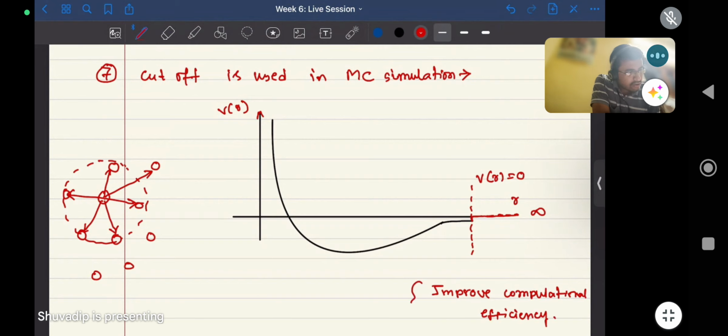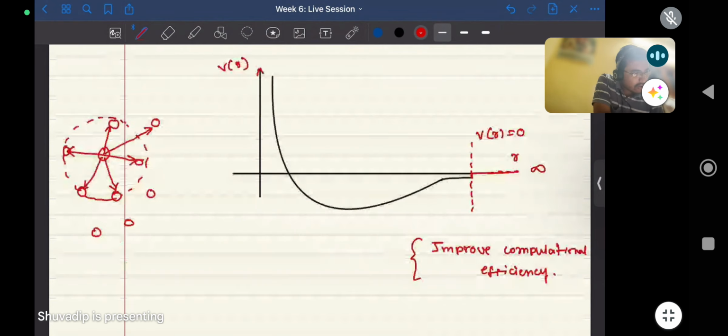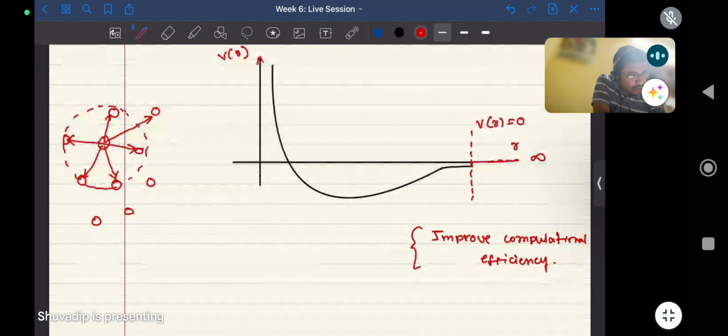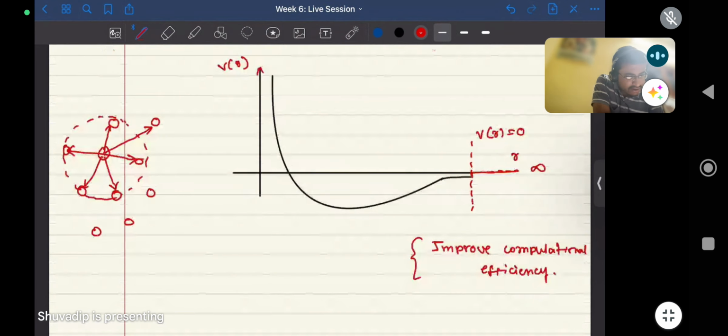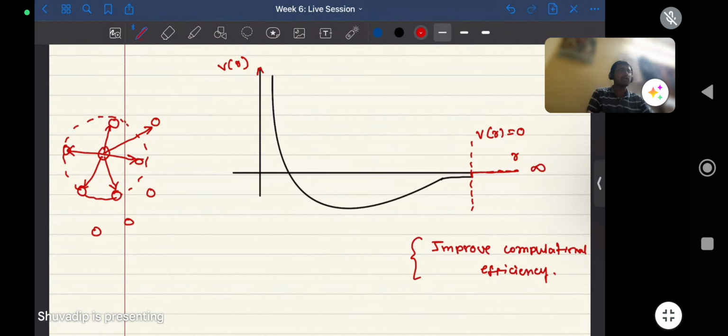So this is very easy to understand that if you are actually calculating potential interaction due to this LJ potential up to very long distance, then you have to calculate the interaction between all possible neighbors up to infinite distance, because this potential will not come to 0 up to infinite distance. So there will be a minimum interaction will be there.